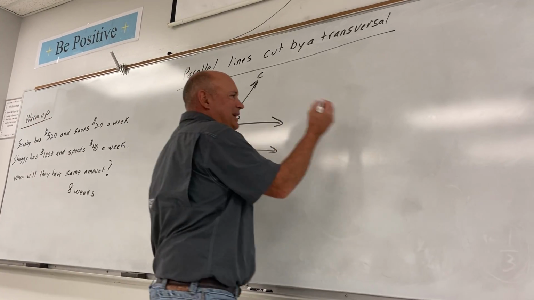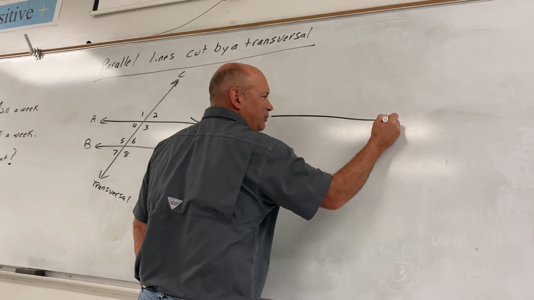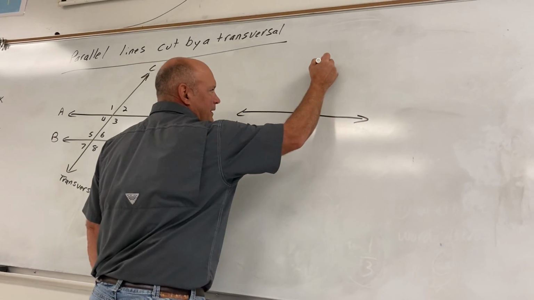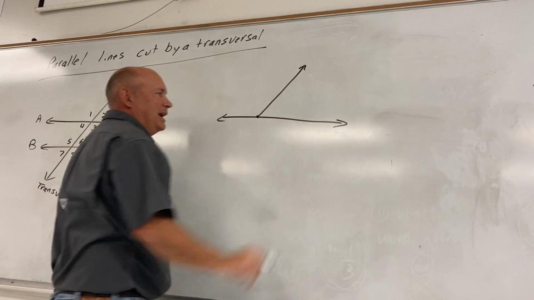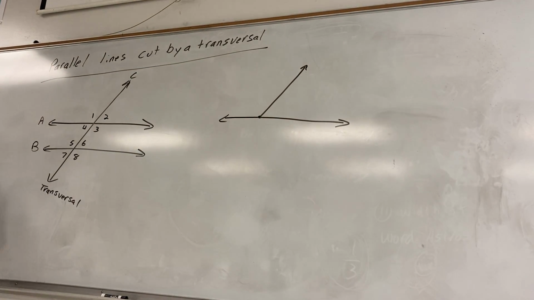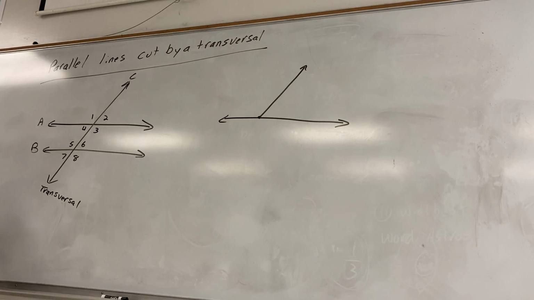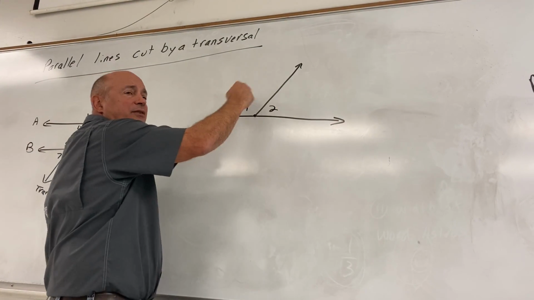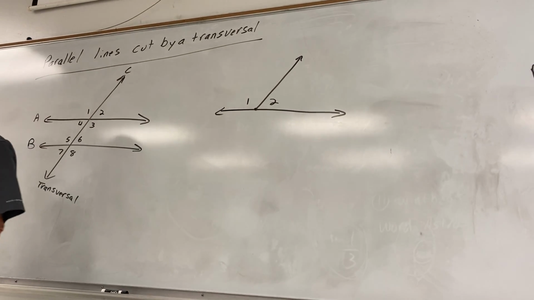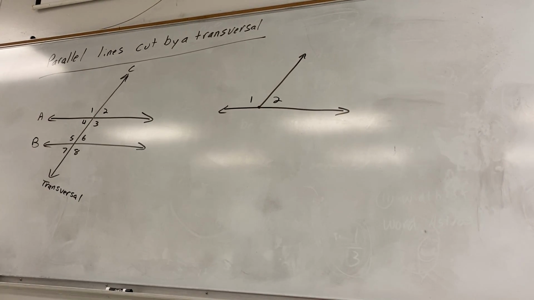All right, but before we get to that, let's talk about this. What if I have a straight line and I put a line segment here? How many angles does a straight line make? 2. How many degrees do the 2 angles in the straight line add up to?